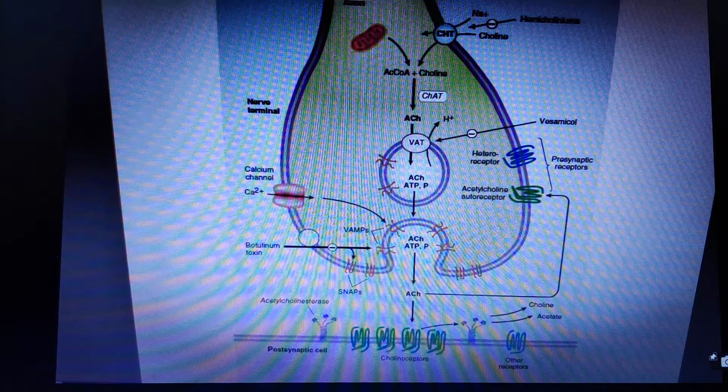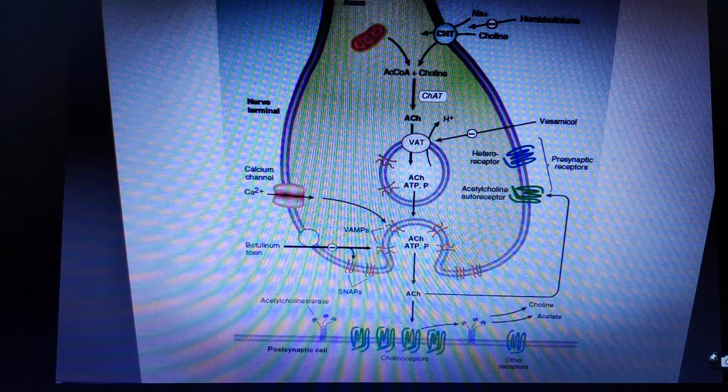Once this vesicle is having acetylcholine along with certain co-transmitters, it is ready for release in case there is a nerve stimulation. Now when there is a nerve stimulation, you can see on the right side, the calcium enters into the nerve cells, and this calcium causes the fusion of the vesicle with the synaptic membrane.